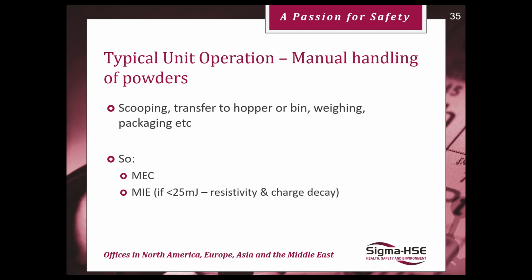If we were just dealing with the simple thing of manual handling of powders, where we're scooping materials from a sack into a weigh hopper, or weighing material out, then again, if we have controls on the minimum explosible concentration and understand the minimum ignition energy, this will point us to the necessary controls we need for earthing to prevent ignition, and the controls we need to prevent explosible atmospheres within the concentration limits being developed.